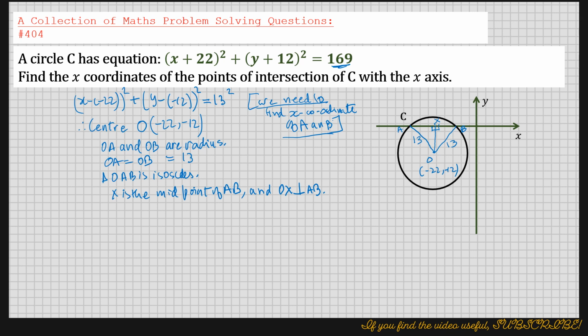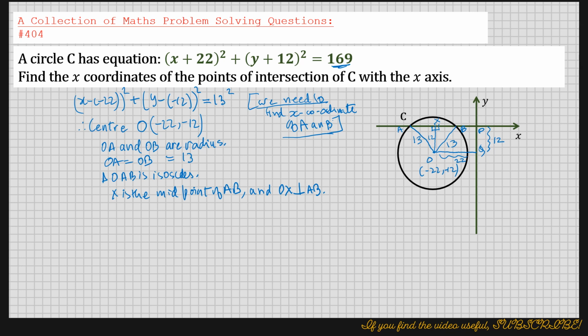Now the point is, where do we go from here? Because this is the x-axis and y-axis, we can have a little rectangle with the x and y axes. If we call the corners P and Q, OQ would be 22 and OX would be 12, because the distance PQ is 12 and the distance XP is 22.